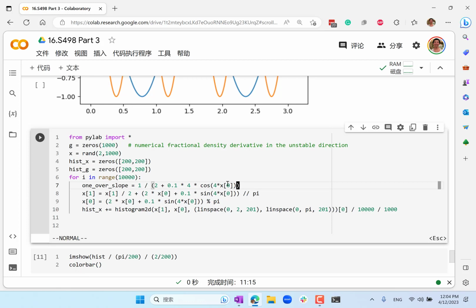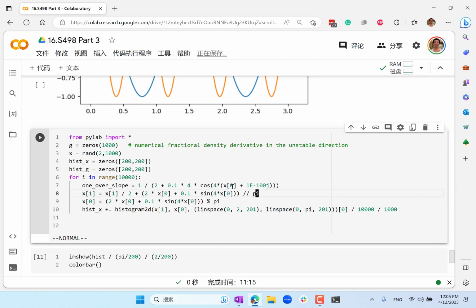Okay, in order to take the derivative of the 1 over slope, we actually just add another thing, add this e to the minus 100j, add the imaginary component onto x. As a result, the imaginary part of this 1 over slope is another derivative of the 1 over slope, with respect to this parameter x, times e to the minus 100.